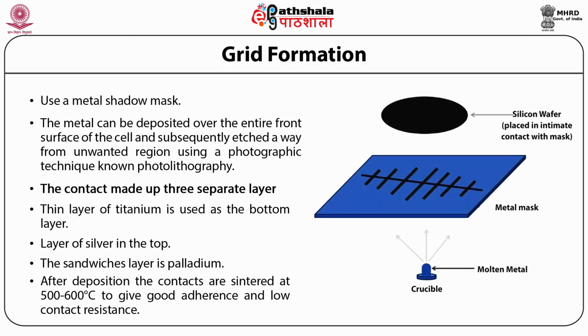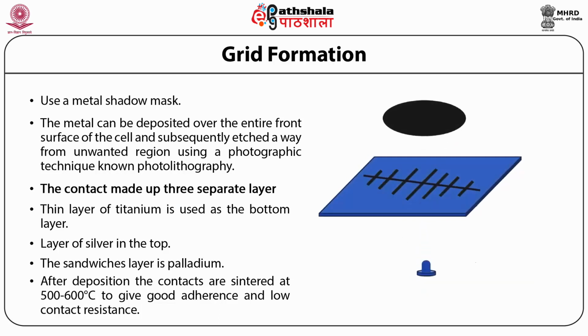The aluminium is heated in a vacuum where it gets melted and vaporized, and then it is deposited on the cooler side of the solar cell.